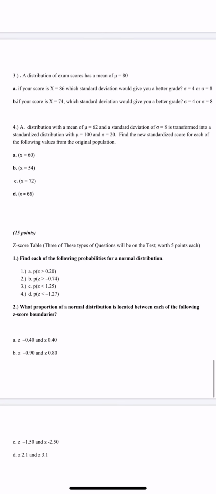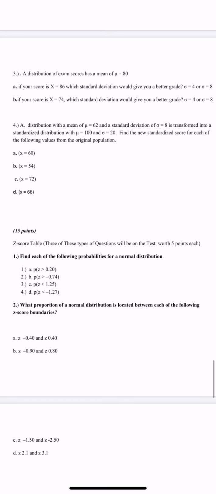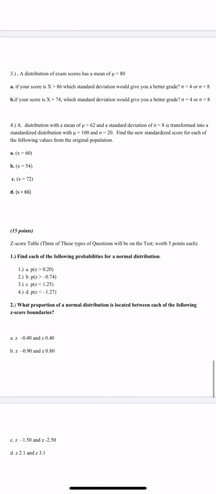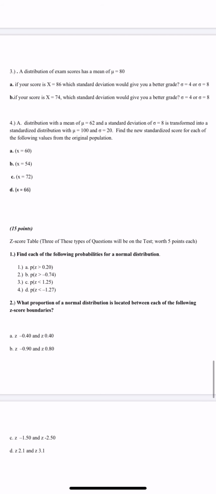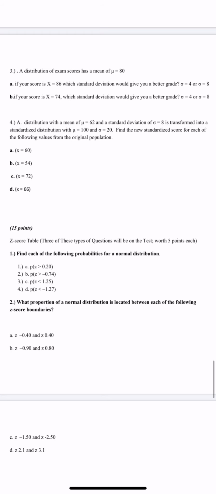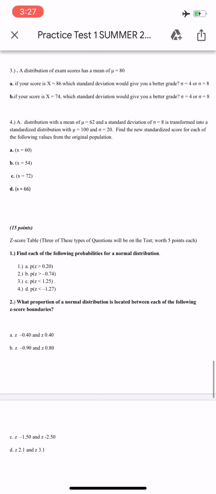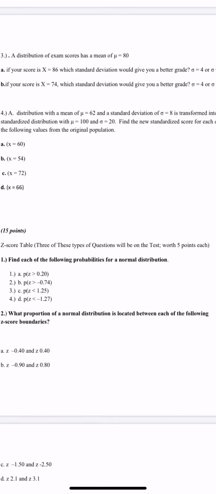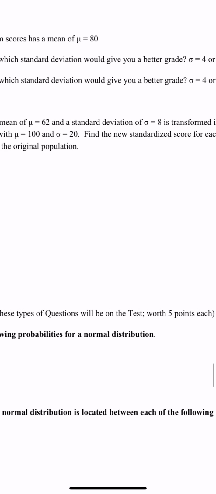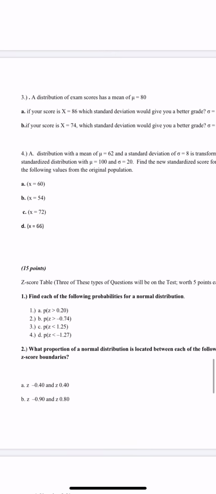A distribution with a mean of 62 and standard deviation of 8 is transformed into a standard distribution with a mu of 100 and a standard deviation of 20. Find the new standardized score for each of the following values from the original population. So what you do here is, first, you get the Z-score for each X value using the original data before it's transformed.